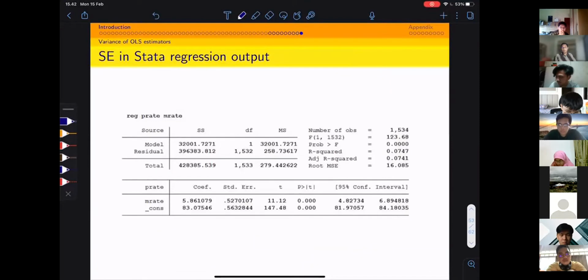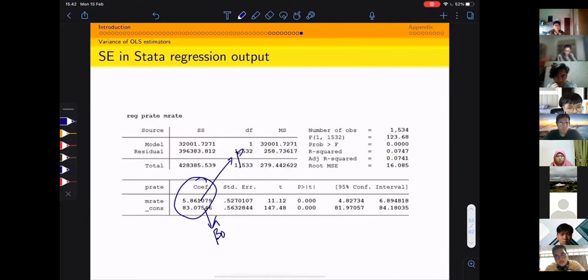Okay, so I'm going to go back to Stata, and in Stata, I'm going to show you that we not only care about estimating the coefficient, so this one is beta 0 hat, and this one is beta 1 hat, but we also care about estimating the standard errors.